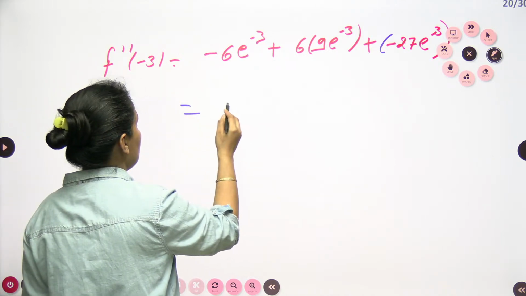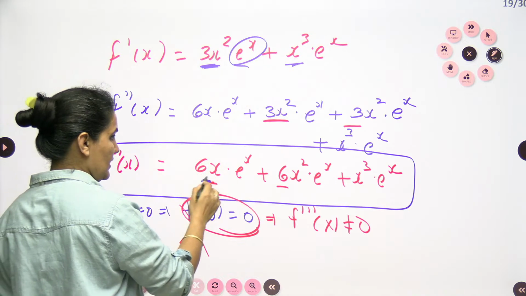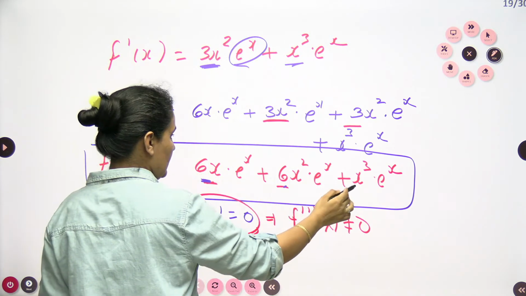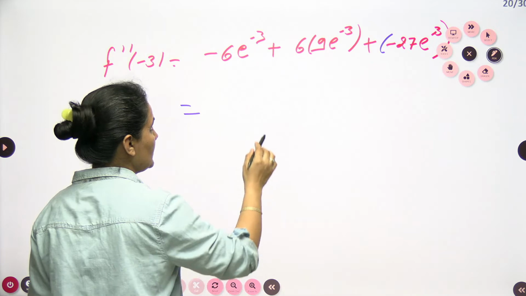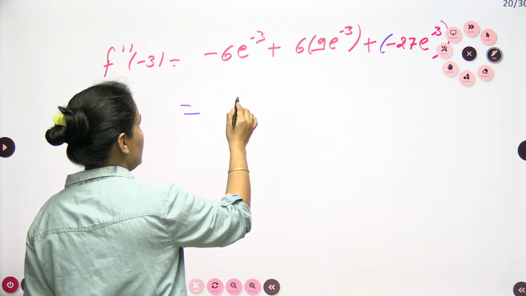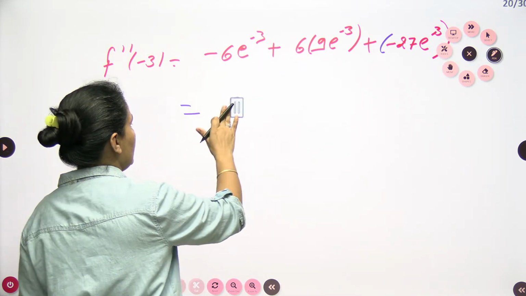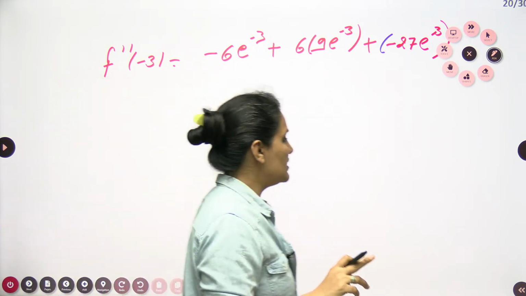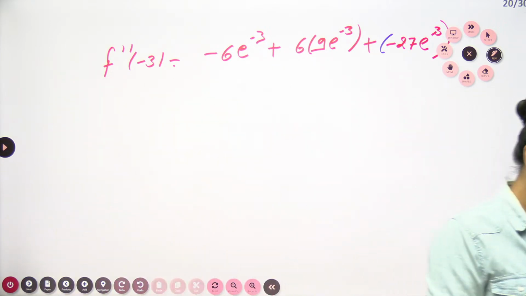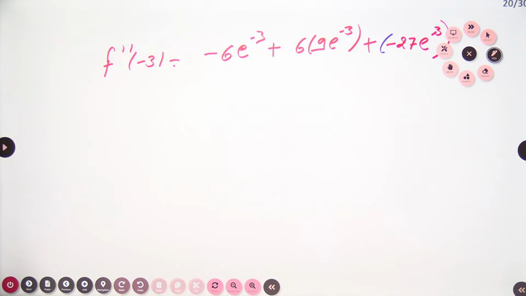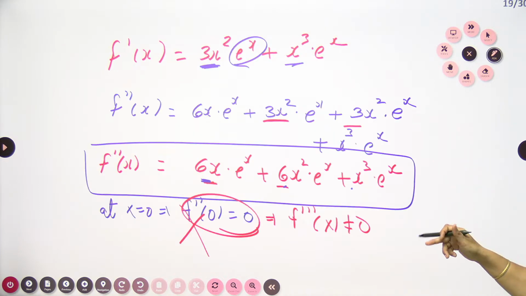This is negative, this is positive, this is negative. So ultimately the value is 9 e to the power, and whatever it is, I can see the value is a negative value. No, it should be positive. When I check here, we have x cube e power x, 3x square e power x, that is the only.